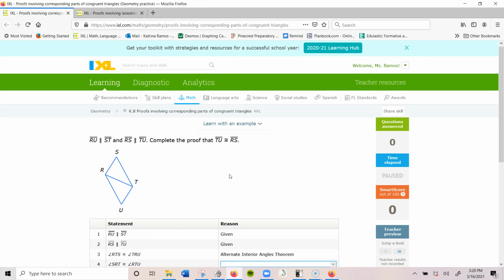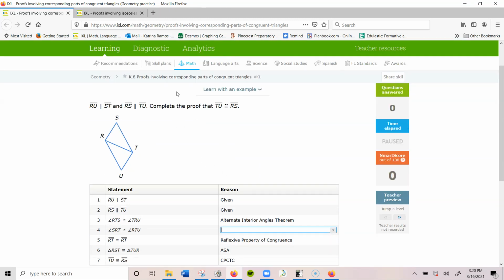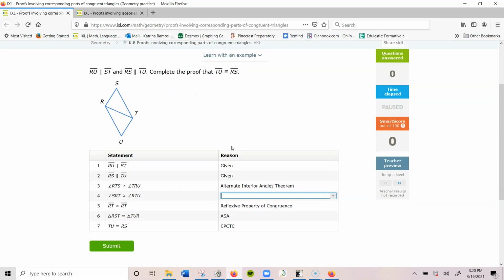This is K8. So here, this is proofs involving corresponding parts of congruent triangles. If you know that triangles are congruent, then that means that all of their corresponding parts will also be congruent. That's what that means. So first here, I don't really need to look at the rest of the proof to know how to answer this one.